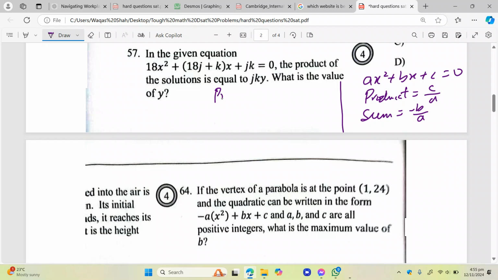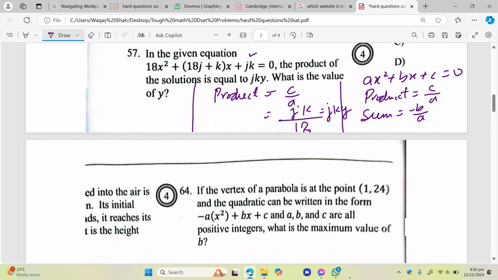So product of solution will be c by a, and what is c over here? C is jk, so it will be jk divided by a, which is 18. Okay, and that is given as jky, right?